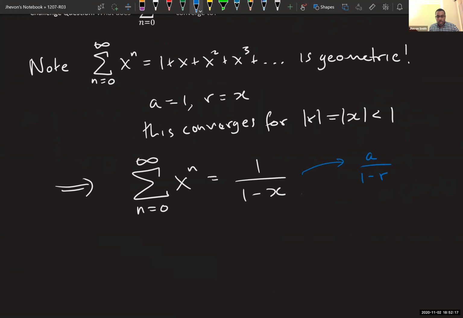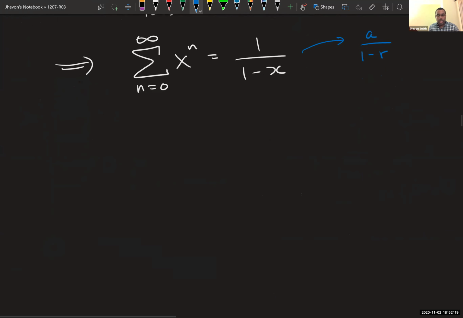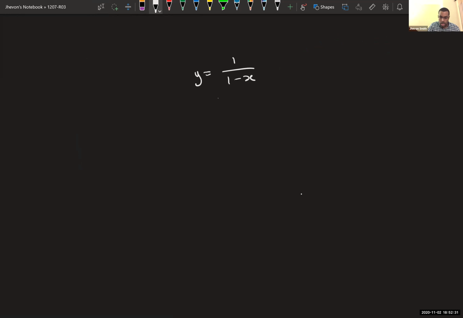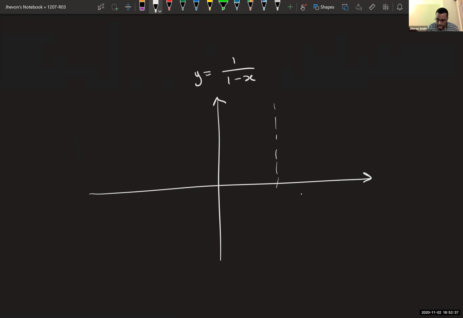In other words, I can think of this infinite series, this power series, as a function once I'm within a certain window. If I look at the function y equals 1 over 1 minus x, what would that look like? Well, at x equals 1, it has an asymptote, and it would look like that and that.